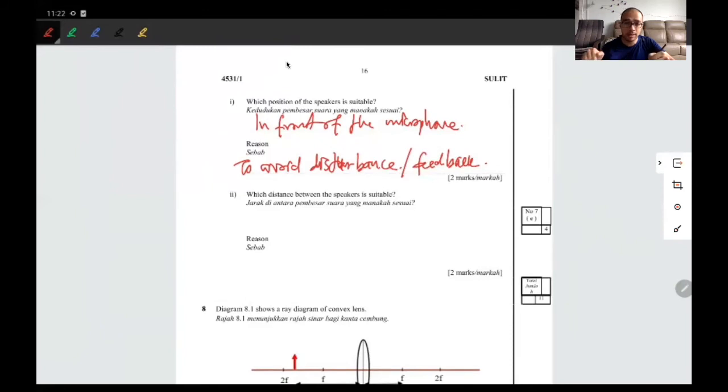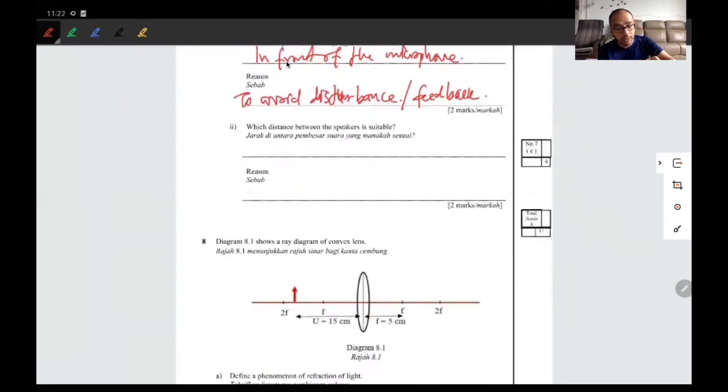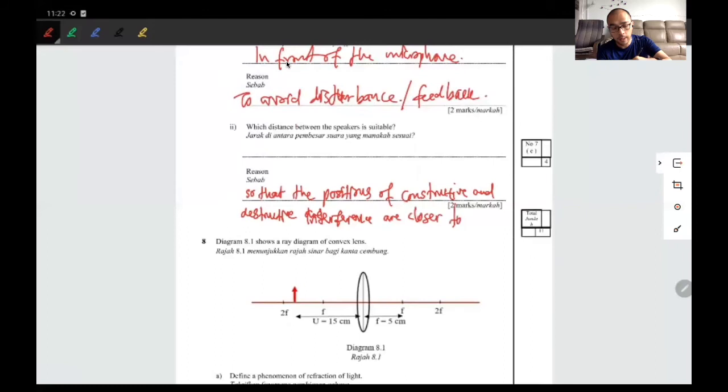Okay, so this answer that they give over here is quite nice. So that the positions of constructive and destructive interference are closer to one another until they are hardly noticeable.